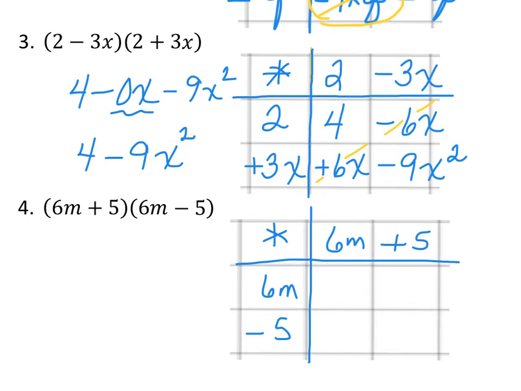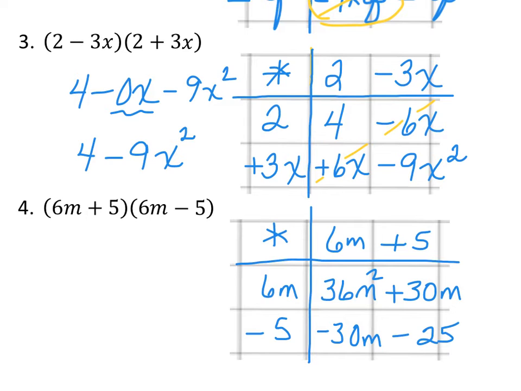And 6m times 6m is 36m squared. Negative 5 times 6m is negative 30m. 6m times positive 5 is plus 30m. And then finally, negative 5 times positive 5 is negative 25.